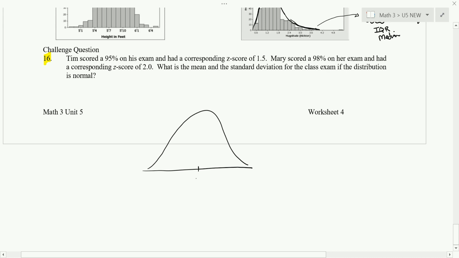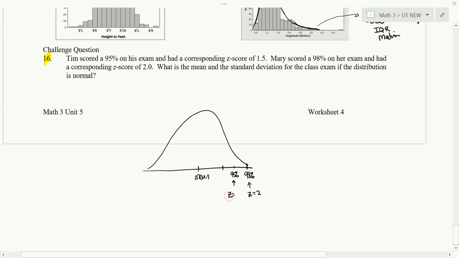Here's our mean. And if we go 2 standard deviations to the right, we're at Mary's score of 98%. And because it's 2 standard deviations to the right, the z-score is 2. If we go 1.5 standard deviations to the right, we're at a 95.